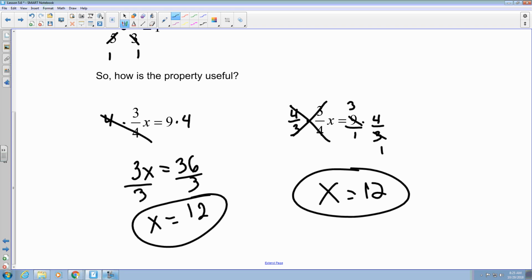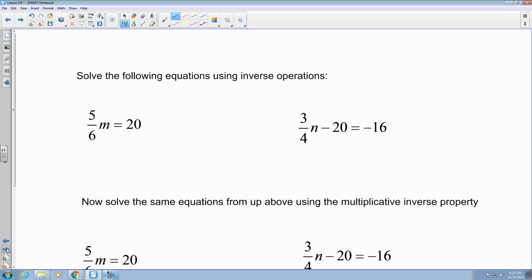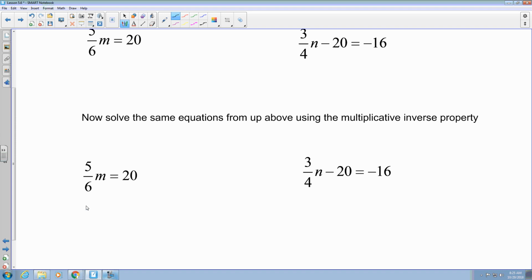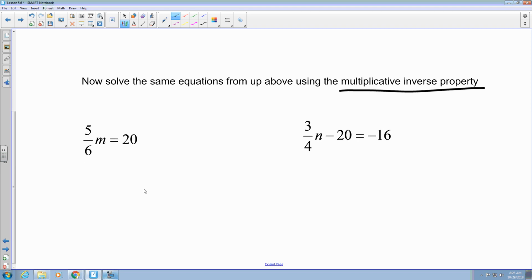It doesn't matter if you use the first method, where you multiply everything first and then divide, or you just multiply by the reciprocal; you get the same answer. For the first part here, I'm going to be more inclined to use the multiplicative inverse. Let's try to get good at solving it those ways.